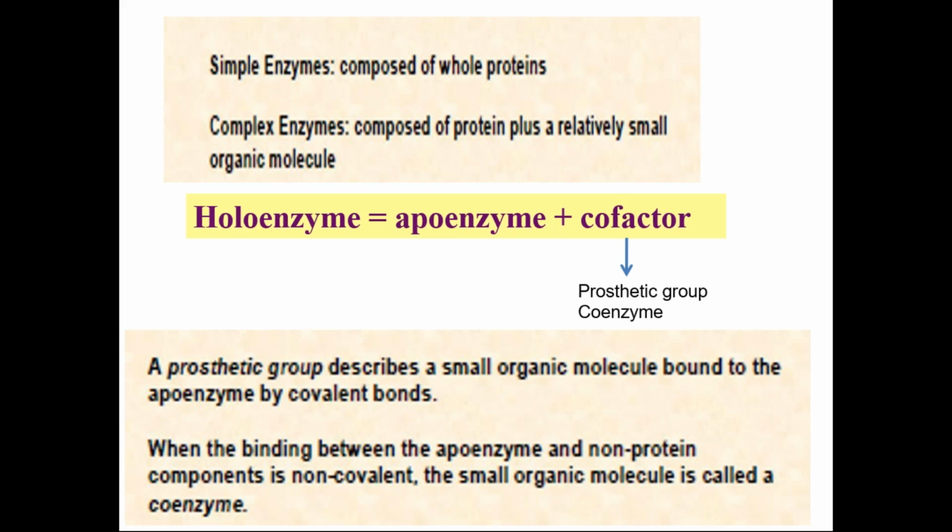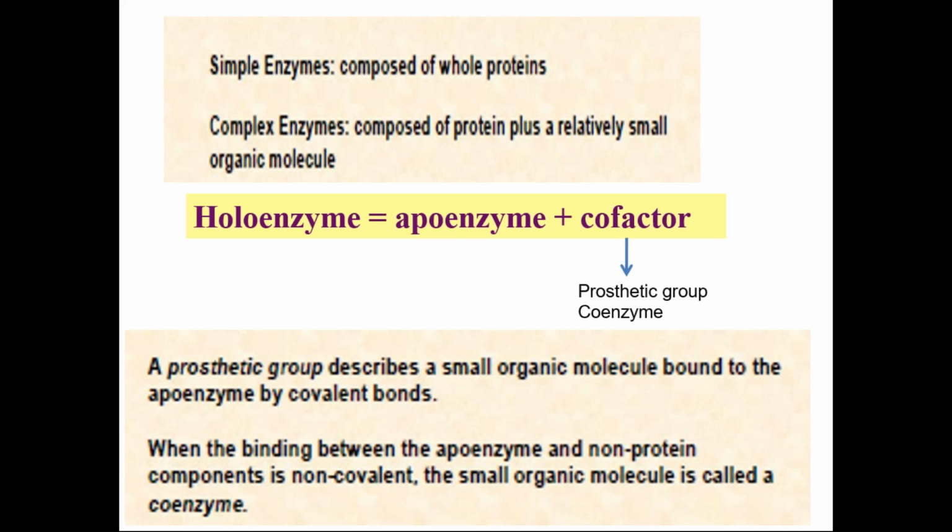And in Friday's class on vitamins, especially the vitamin B complex, we discussed how most of the B complex vitamins serve as coenzymes in several oxidation reduction reactions, carboxylation reactions, etc.